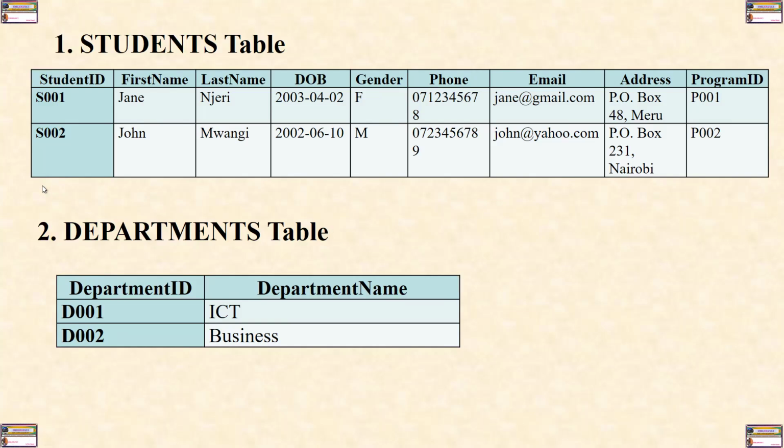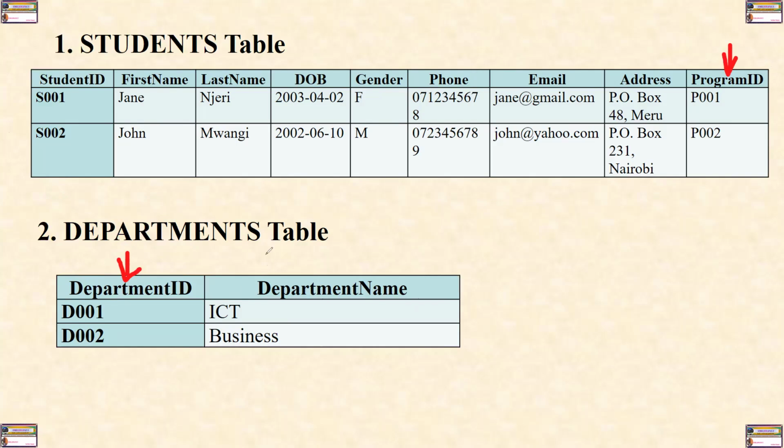So in each table, we introduce a unique field for identification purposes, so that we don't repeat the same information in other tables where that information may be required. That unique field is what we call a primary key. So we always have a unique key for each table. As we group our fields into specific tables, we ensure that each table has a unique field for identification purposes.